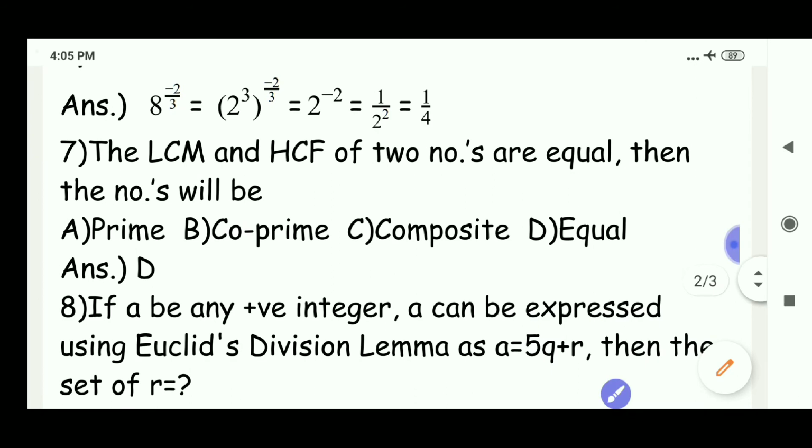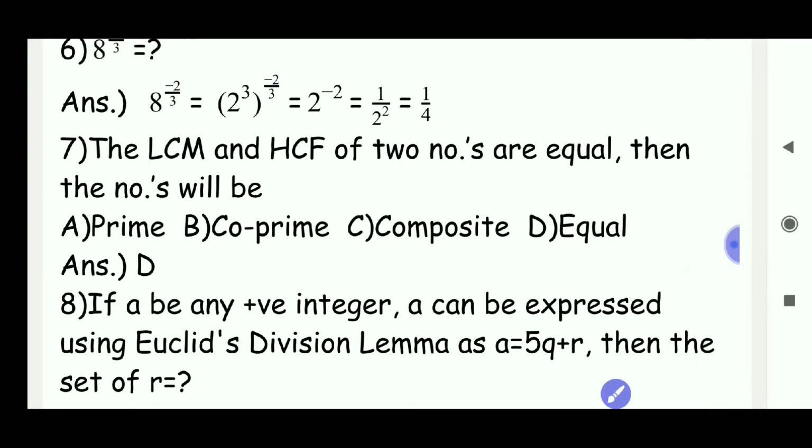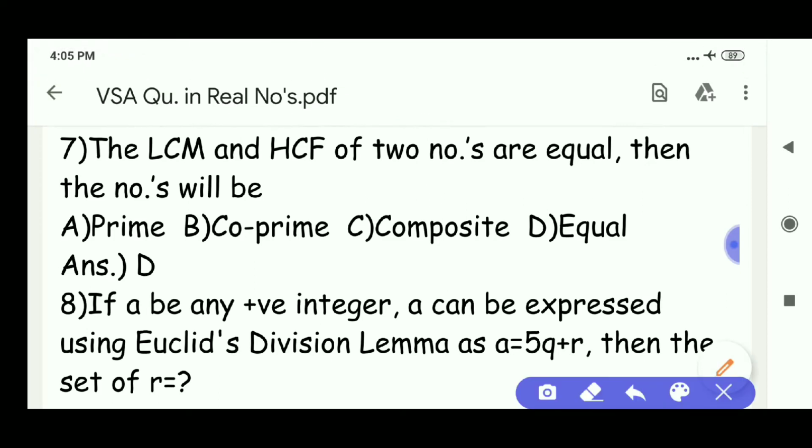Let us go to one more question. If a is any positive integer, a can be expressed using Euclid's division lemma as a is equal to 5q plus r. Then what is the set of r?